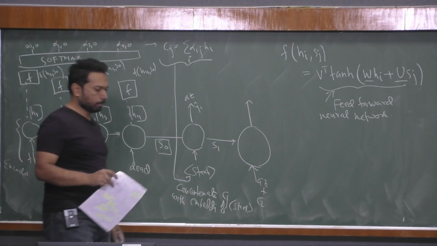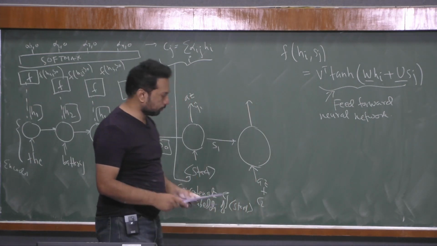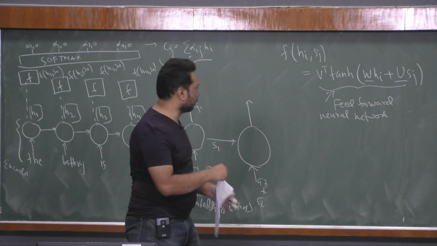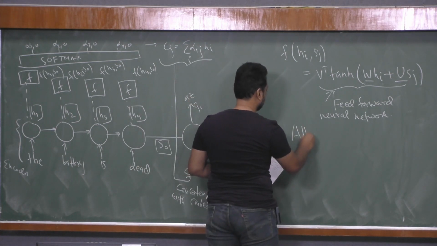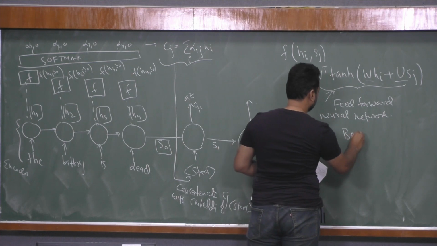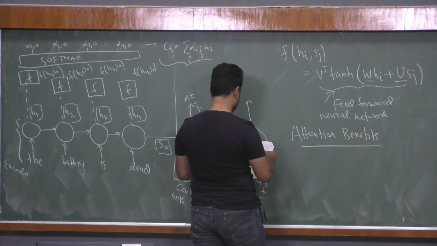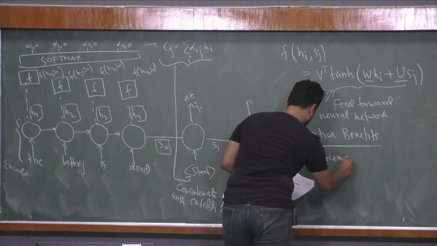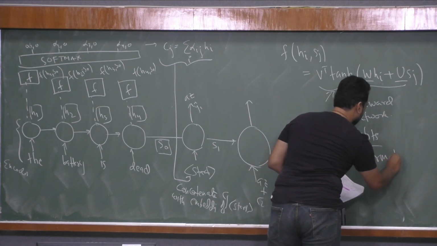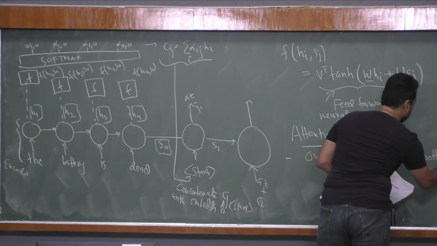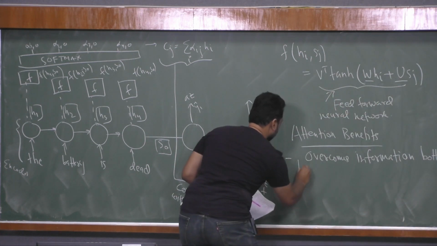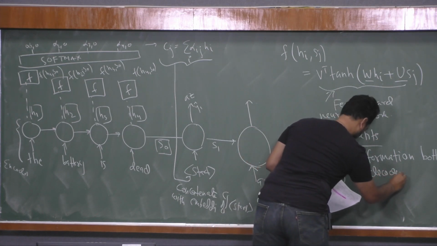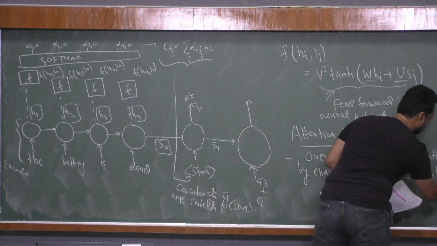So with this, I will move to the next part of this lecture, which is the transformer network, and I can first point out the benefits of attention. The benefits of attention are that it overcomes the information bottleneck by enabling the decoder to look at scores.